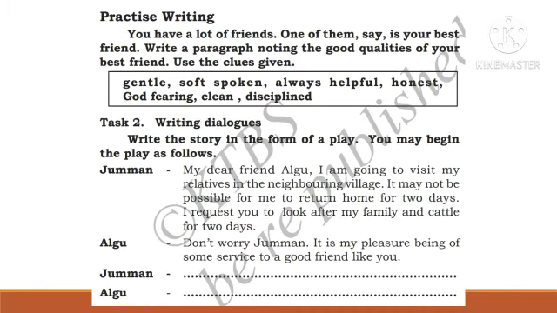So what Juman says is based on that, and Algu's response also is based on that. So that's how you have to write a dialogue, to write it in the form of a play. Play means a skit. Okay, so a skit will have so many dialogues, isn't it? So that is the way you have to write it.